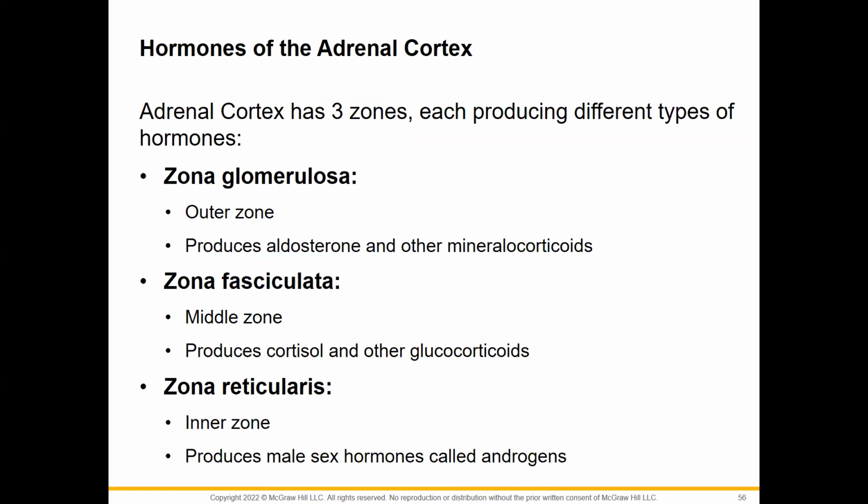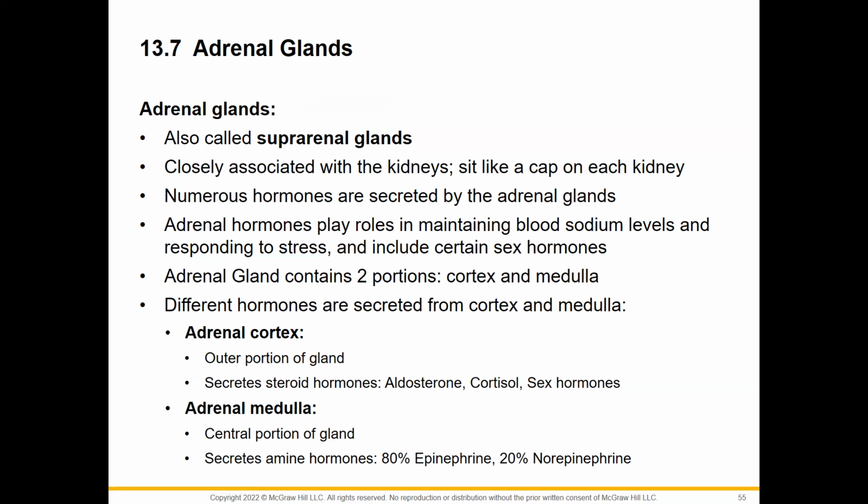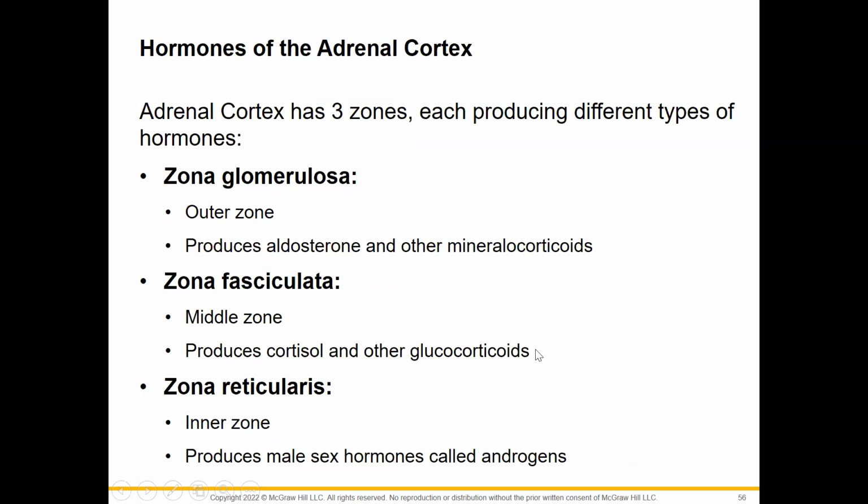Now, focusing on the adrenal cortex, it has three zones or three distinct layers. Each of the layers produces different types of hormones. Now, we already talked about the hormones that it produces. Going back to the previous slide, we have your aldosterone, cortisol, and your sex hormones.